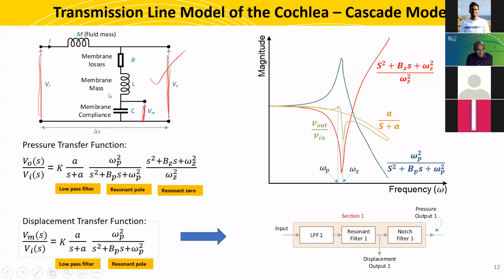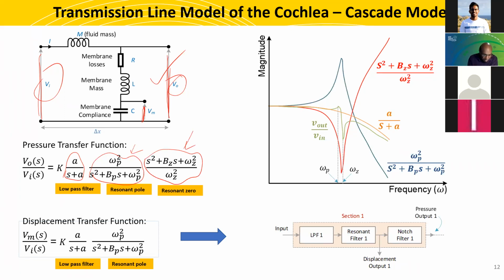So we can do the transfer function in the S domain, and then when you are implementing it, you can do it in the Z domain. If you write a simple equation for V output over V input, you will find there's a low pass filter, a resonant pole filter, and then a resonant zero. These are complex poles and complex zeros, and you will have a real zero there for the low pass filter.